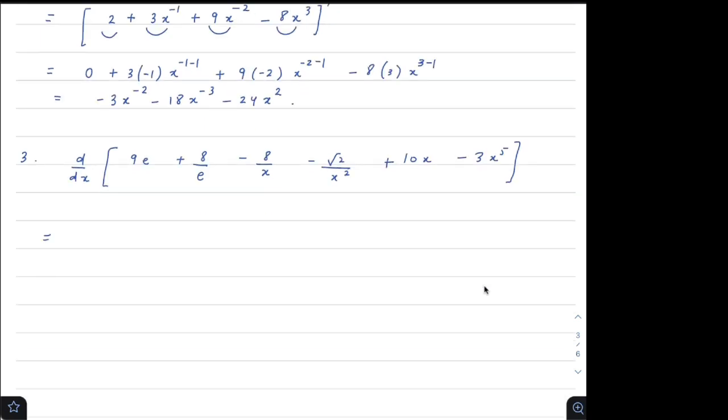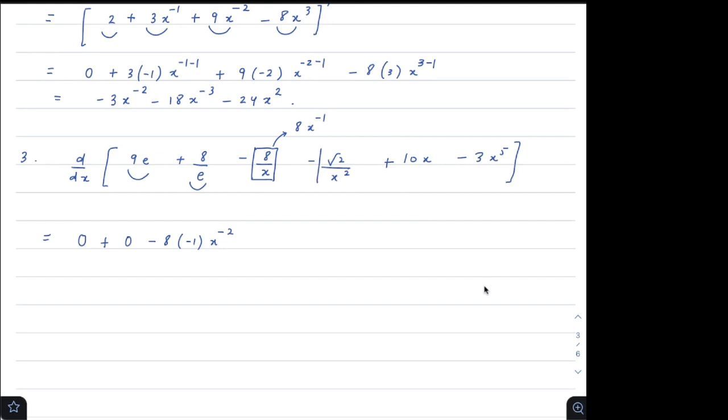Okay. Derivative of 9e, 0. Why? Because 9e is a constant. Derivative of 8 over e again is 0 because it is a constant. Now, before you find the derivative of 8 over x, please note that you can write it as 8x inverse. Now, if you find the derivative using the power rule, that's how it looks like.